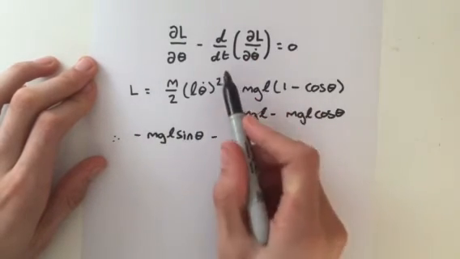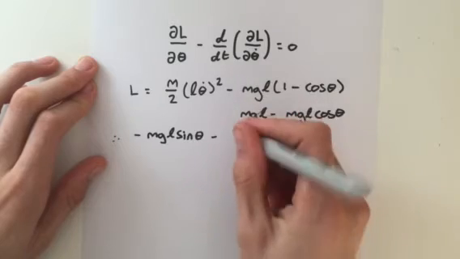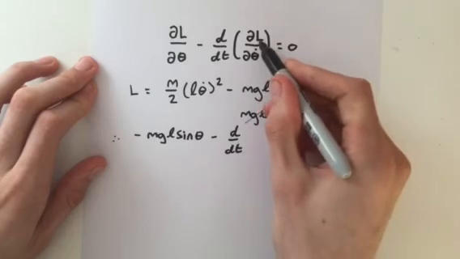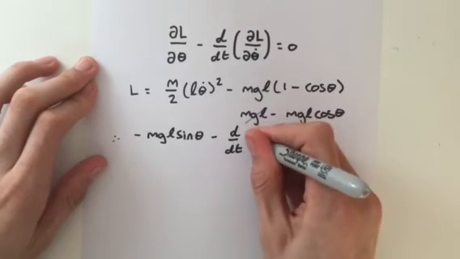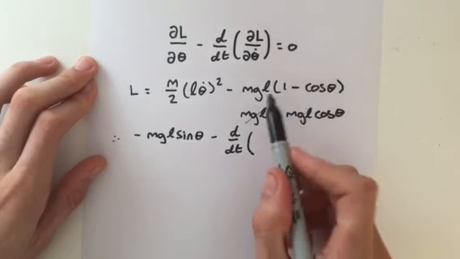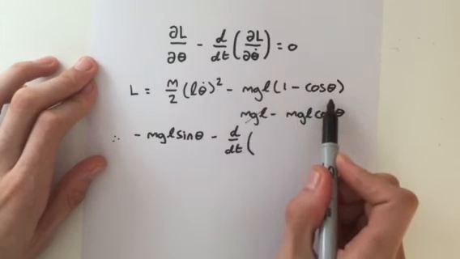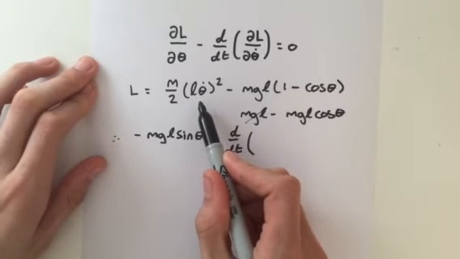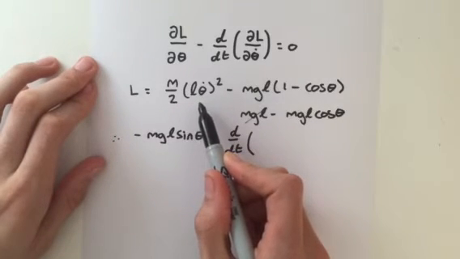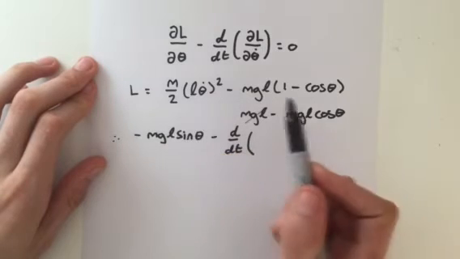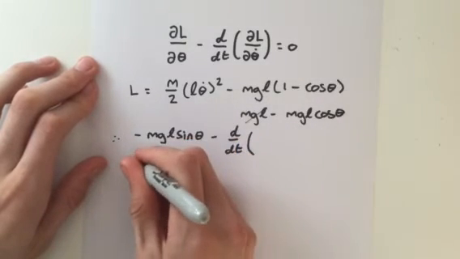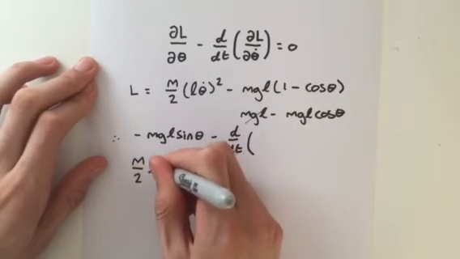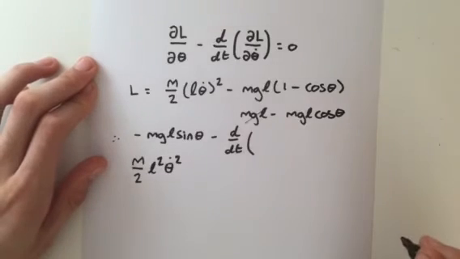So now, the next part of the Euler-Lagrange equation, we minus the rate of change of our dL by d theta dot. So now, this side of the equation becomes a constant, because we're dealing with theta dot, so that goes away. So we need to focus on the kinetic energy. Okay? So, I may as well write this out. M over 2, expand, we get L squared theta dot squared.